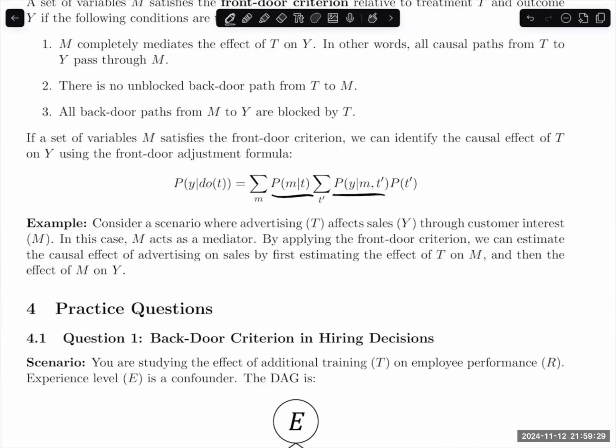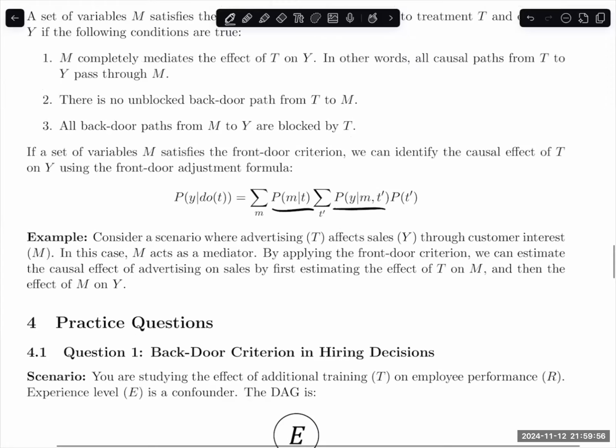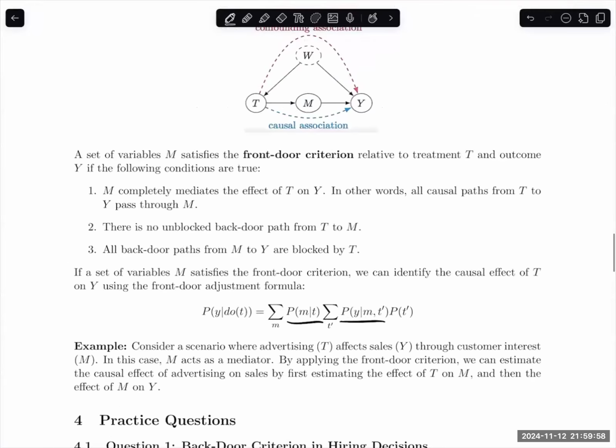The idea is to piece together the effect of the treatment on the mediator and subsequently the effect of the mediator on the outcome, allowing us to derive an overall estimate of the causal effect of T on Y. And this two-step estimation is essential for isolating the causal pathway through the mediator.